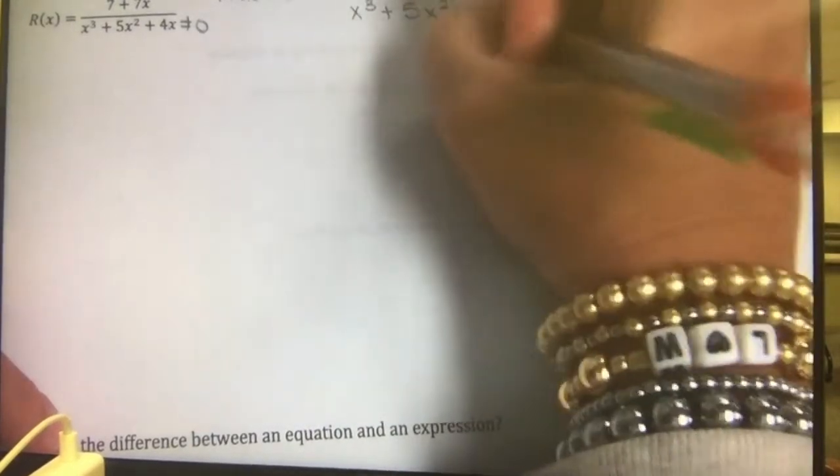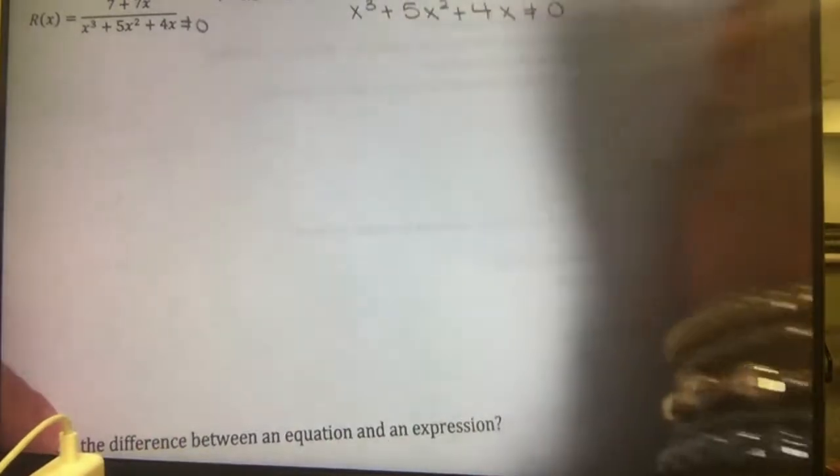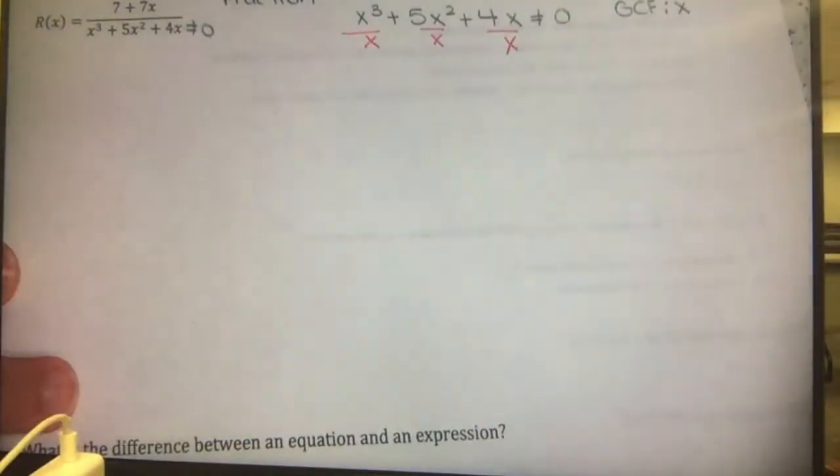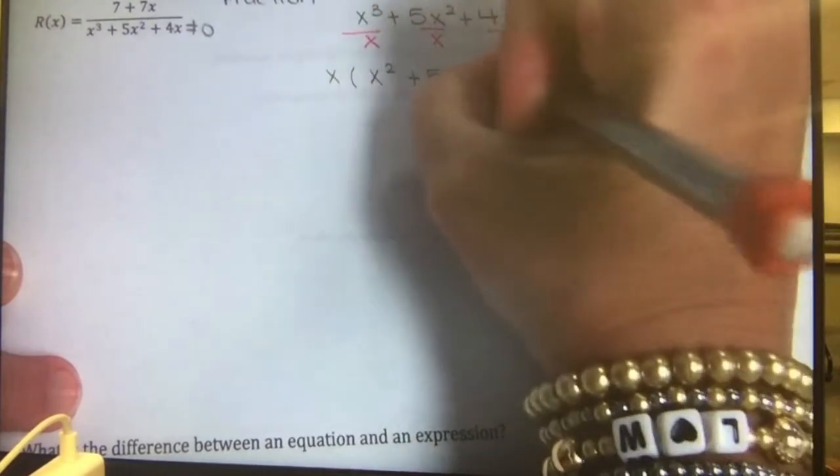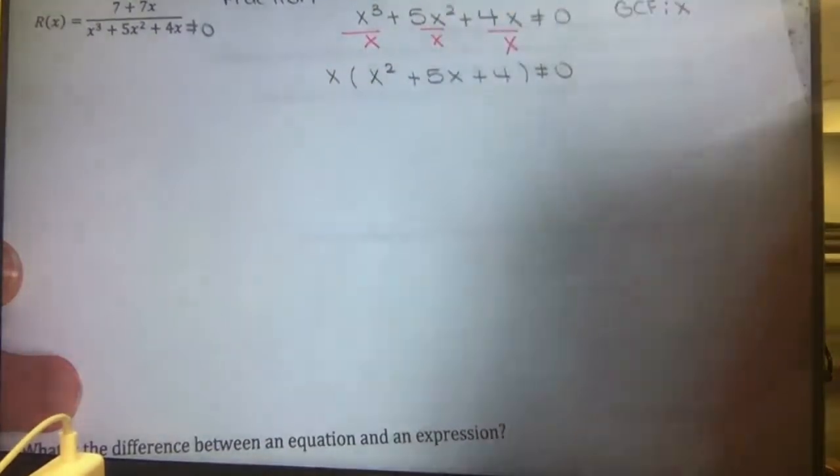Our denominator in this case is x cubed plus 5x squared plus 4x. So that cannot equal 0. Looking at this, I see GCF, greatest common factor. They all have an x in common. So let's factor or divide out an x from every single term. And we're left with x squared plus 5x plus 4 cannot equal 0.